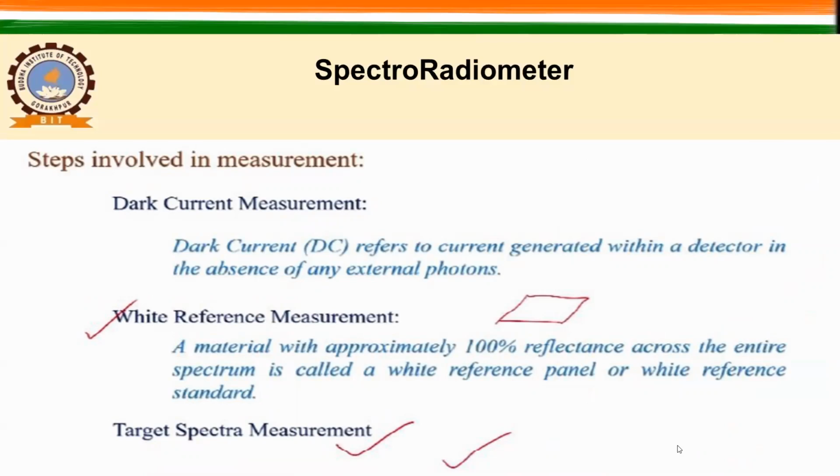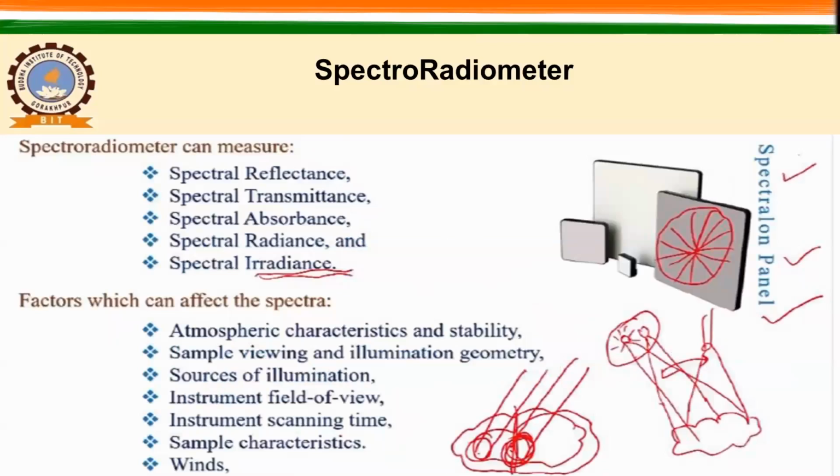So in the spectroradiometer, basically we use the dark current. And what is the dark current? So suppose assuming this is my spectroradiometer and this is my fiber optic cable. So all the instrument components are actually here, right? They are lying in their own position.